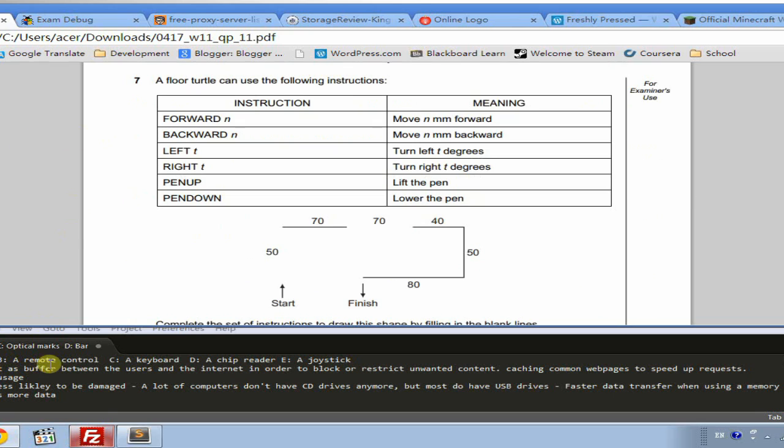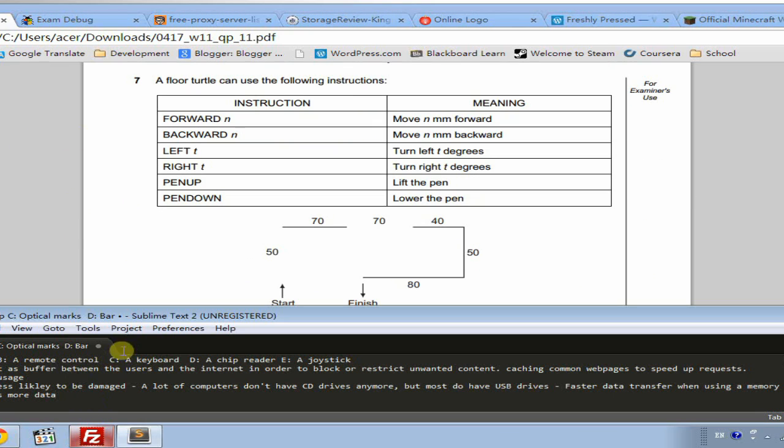Number 7. So 7 is one of these questions that comes up quite a lot, but is a bit of a throwback to the past. That said, it's sort of leading into programming and is quite useful for understanding how programs work.